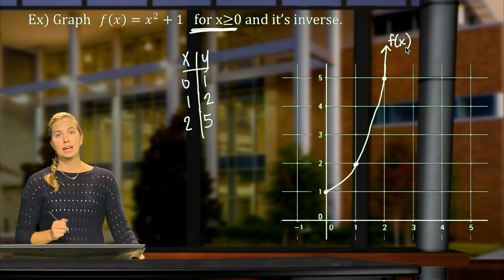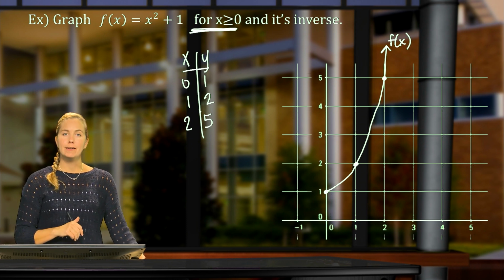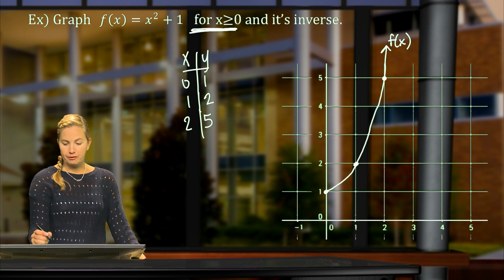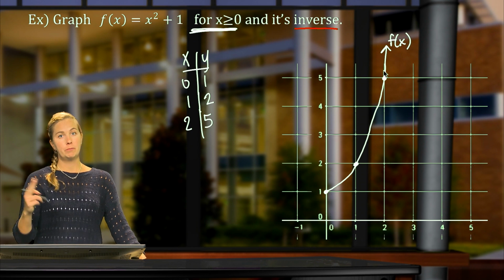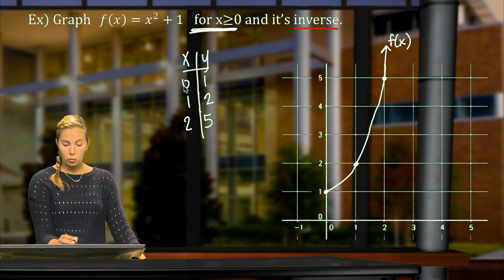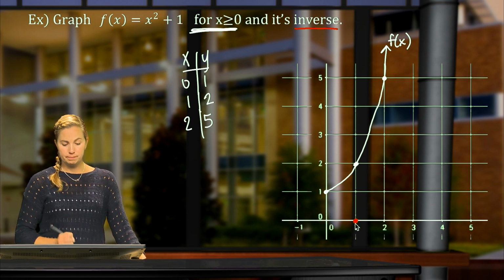So now my graph does pass the horizontal line test, which means that when I graph the inverse, it will be a function. To graph the inverse, I'm just going to take those points and flip their ordered pairs, or flip the coordinates. So if I have 0, 1 on my original function, I'm going to have the point 1, 0 on its inverse.